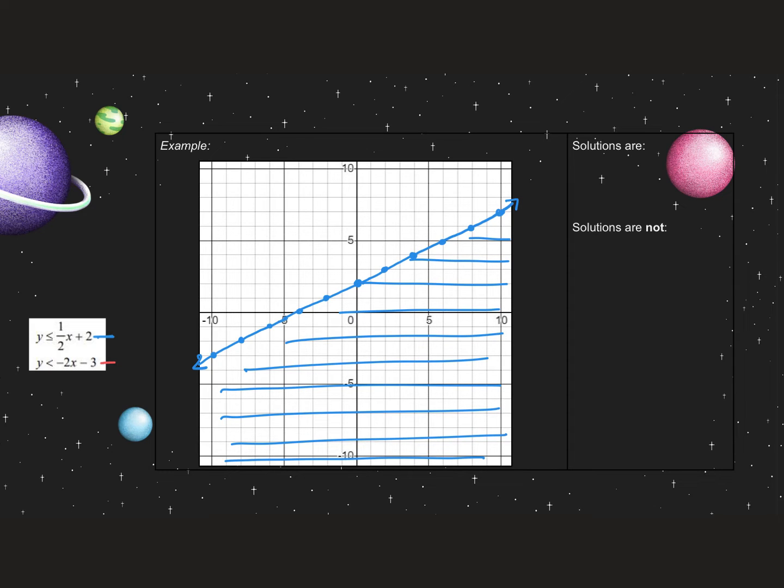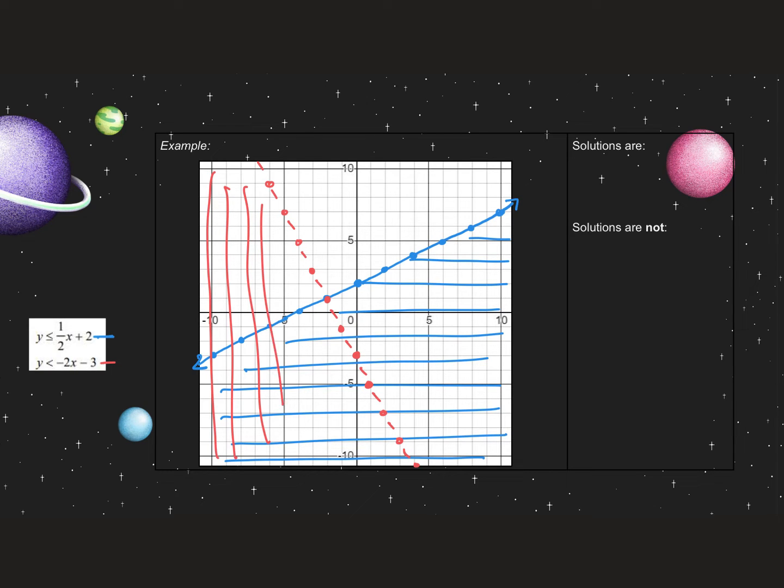I'm starting at negative 3, and I'm going to go down 2 over 1, and finish it off up 2 over 1. I'm going to have a dashed line here because I have strictly less than, and I'm going to shade below my red line.